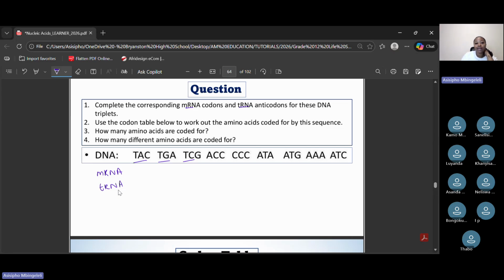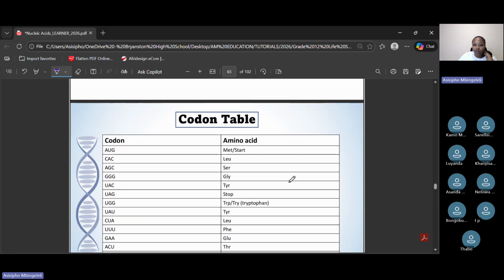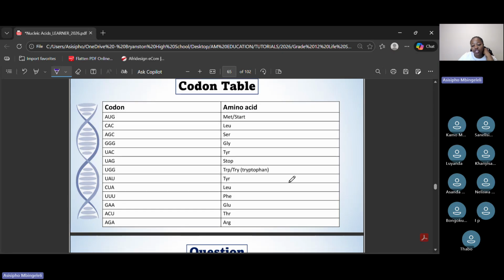That is number 1. Number 2, you are going to use the table below. You have it on your notes. You use the codon table to work out the amino acids that are coded for. So let's look at this table. This is very important for you to know how to interpret.